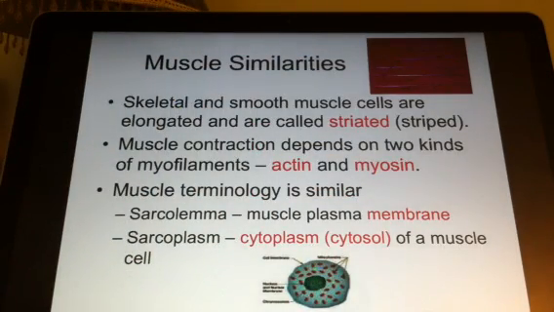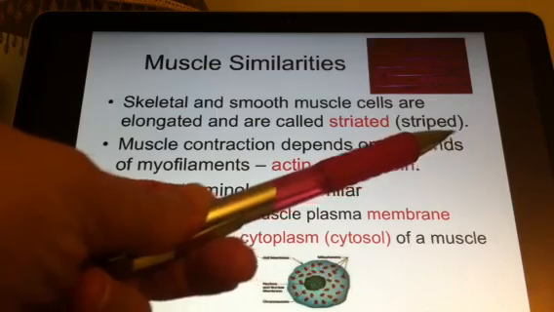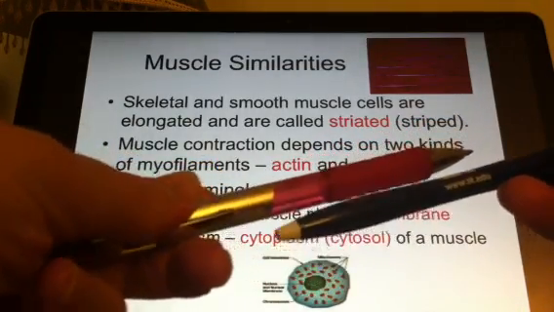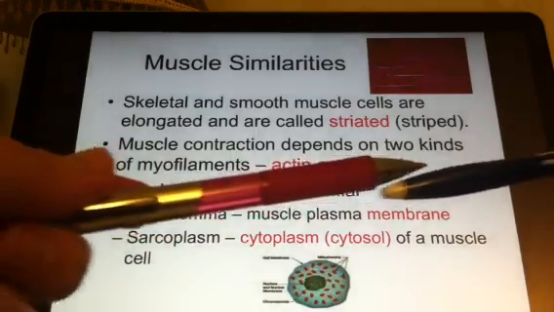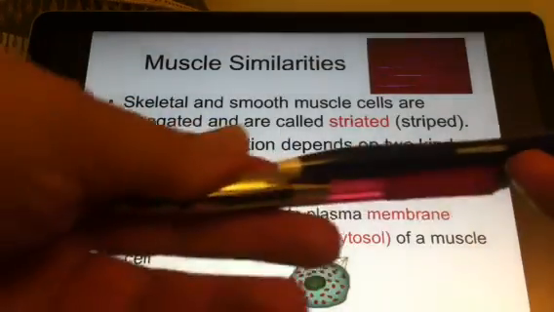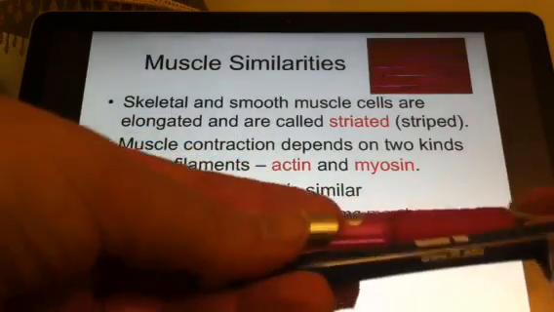Let's say that you have this pin right here representing actin, and this pin right here representing myosin. They will slide past one another to expand the muscle or contract. Expand, contract. That's basically how our muscles are built. Very elementary explanation.